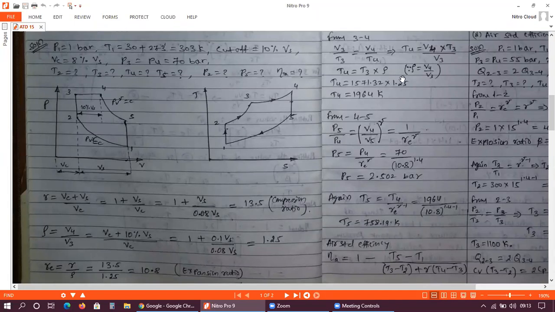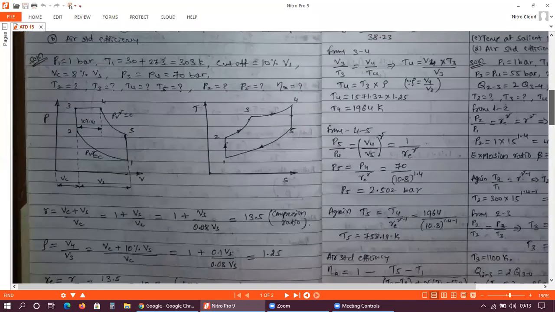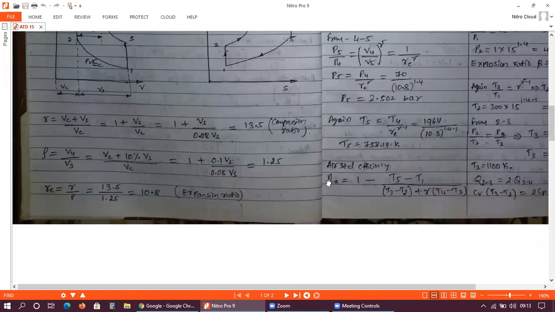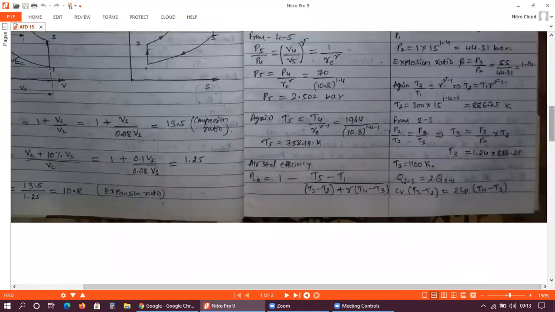Now coming to the air standard efficiency equation. As I told you, air standard efficiency is given by 1 minus (T5 minus T1) divided by (T3 minus T2) plus gamma into bracket (T4 minus T3). This is the expression for the air standard efficiency of a dual combustion cycle.